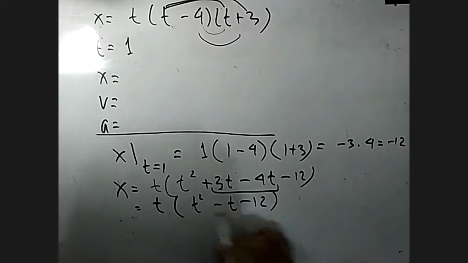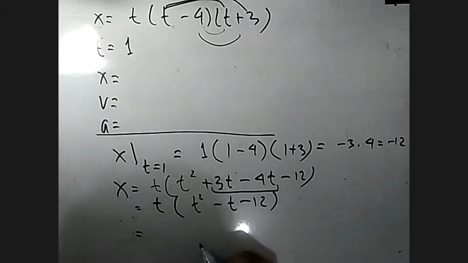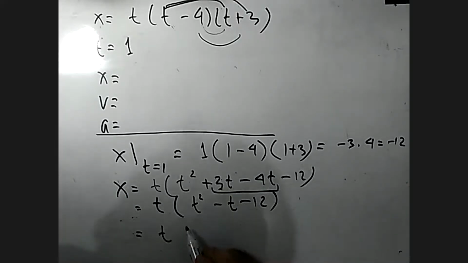And then you multiply t with everything inside this. Yes. T cubed. And then this times this? Minus t square. Okay. Minus 12t.